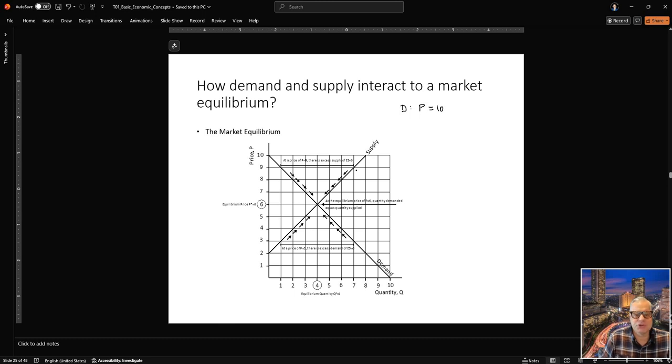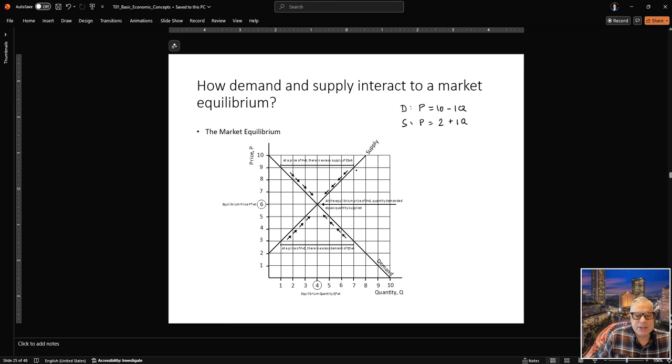The slope is -1, minus 1 times Q. The supply function is given by the function, again, P. The intercept is 2. The slope is 1, plus 1Q.